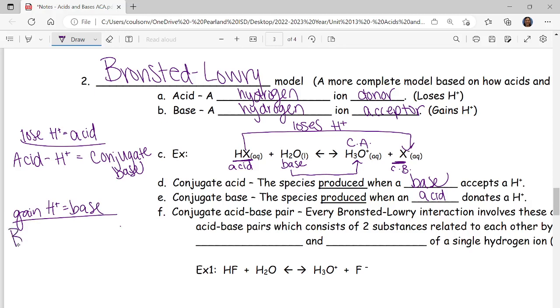And if you have the base on your reactant side plus a hydrogen ion, then you are the conjugate acid. So the base and conjugate acid will be paired up, or the acid and the conjugate base will be paired up.